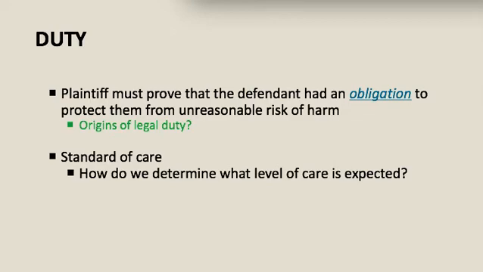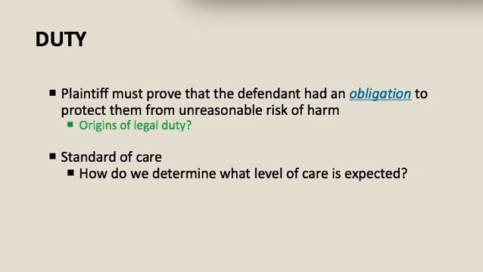All right, let's just take these one by one and break them down a little bit. First element is duty, okay? So in order to prove negligence exists, a plaintiff has to be able to prove that the defendant, the party they're suing, had an obligation to protect them from unreasonable risk of harm.